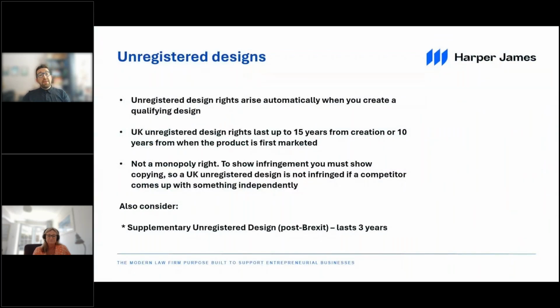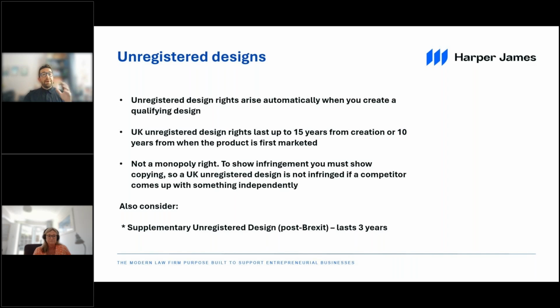So in the UK, there are two main types of design protection. There's unregistered design rights and registered design rights. Unregistered design rights arise automatically when you create what's known as a qualifying design. So for these purposes, a design means the shape or configuration of the whole or part of an article or product, but it doesn't include its surface decoration.